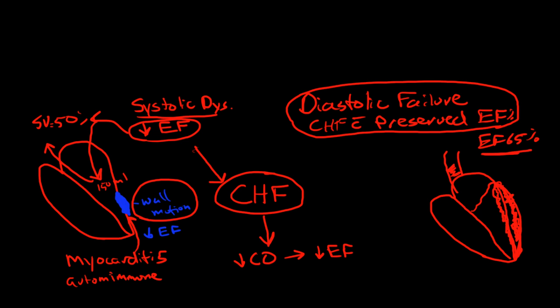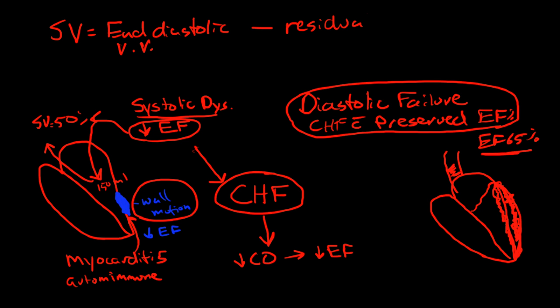Now remember, stroke volume is equal to end diastolic volume, or total ventricular volume, minus residual volume. And with systolic dysfunction, we are increasing the residual volume because we're decreasing the EF.